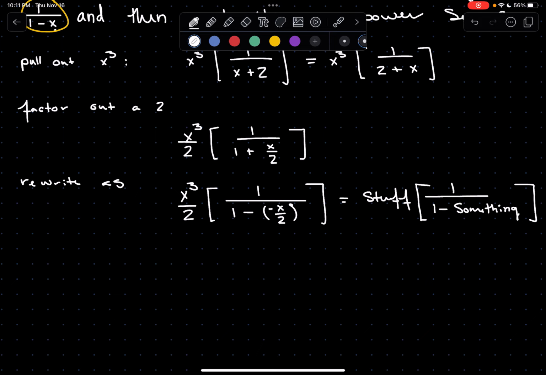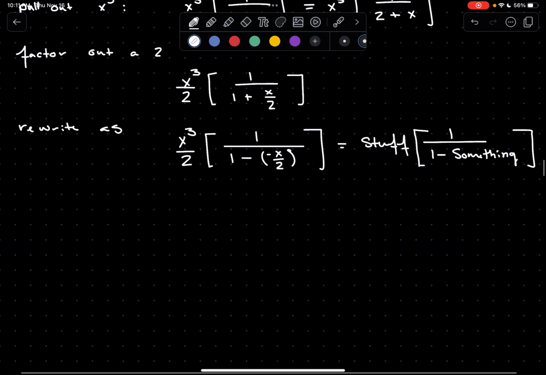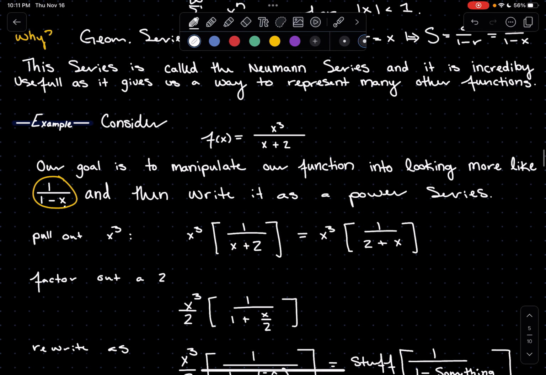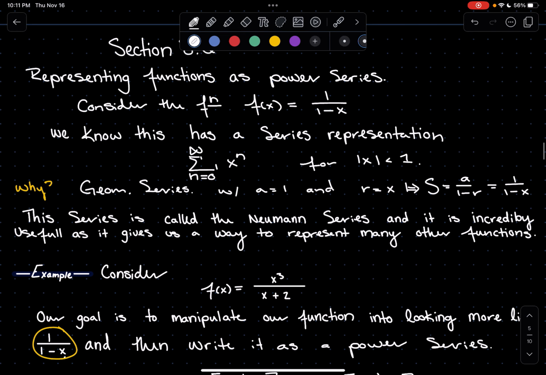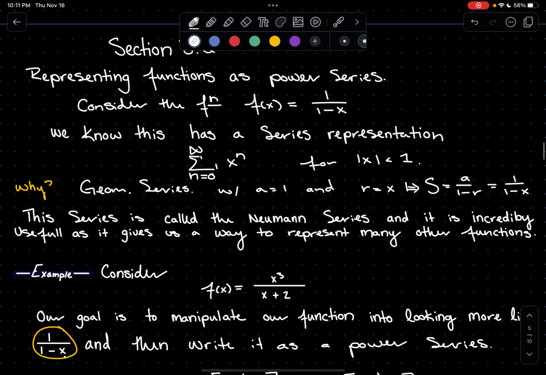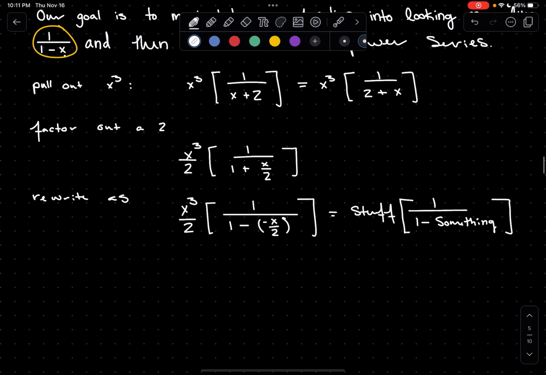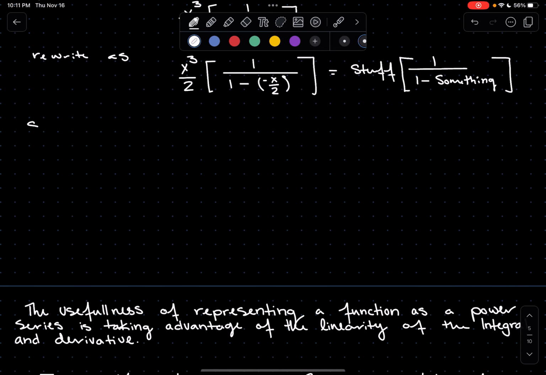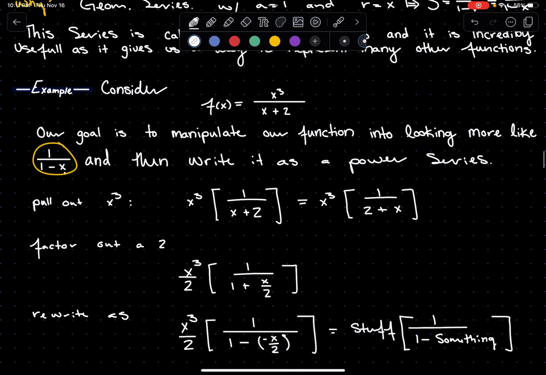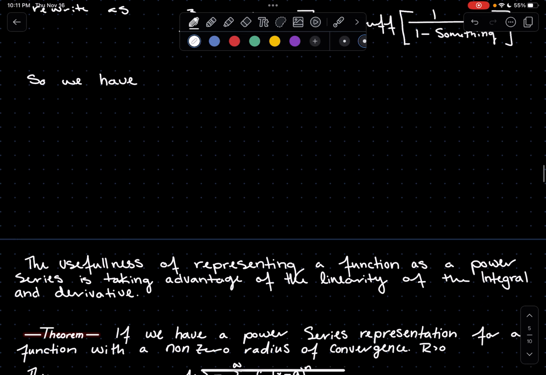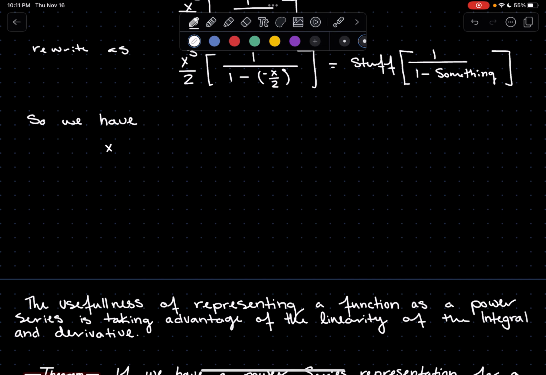Well, I know, in general, my series representation of something that's written as 1 over 1 minus something has this form. So what was our original thing? x cubed over x plus 2.